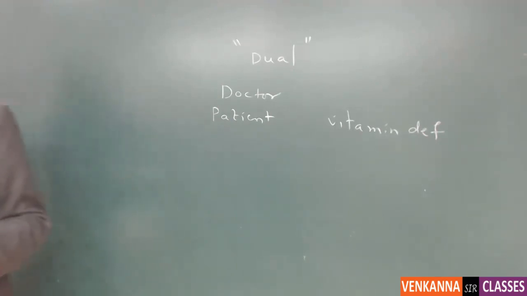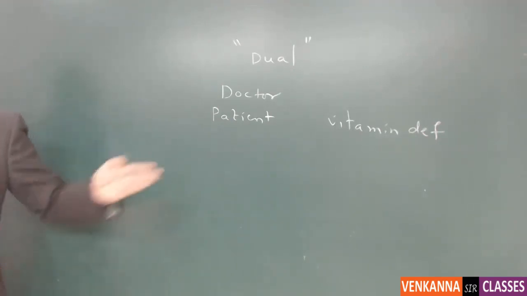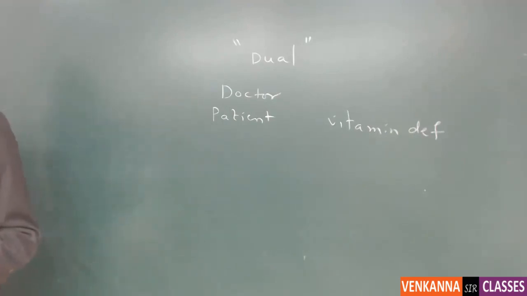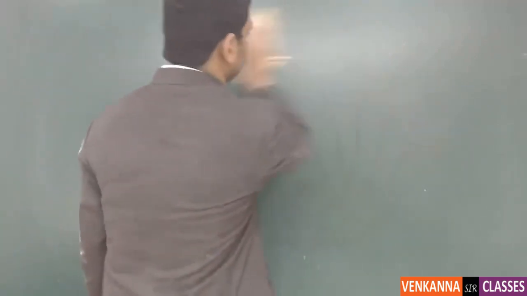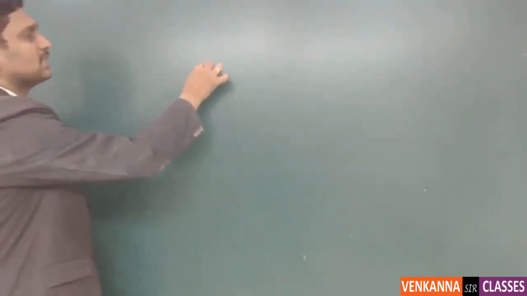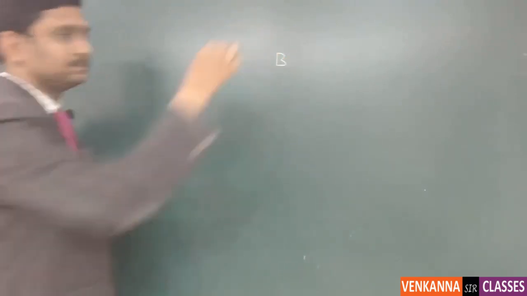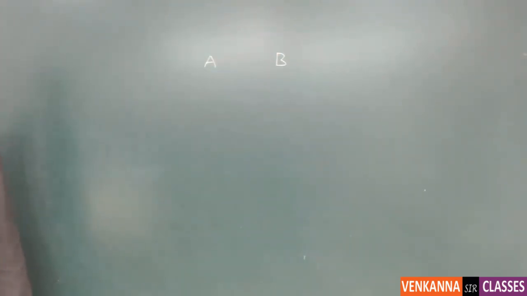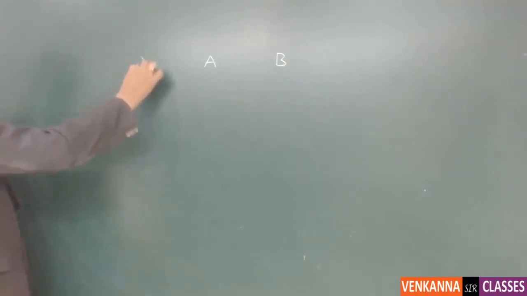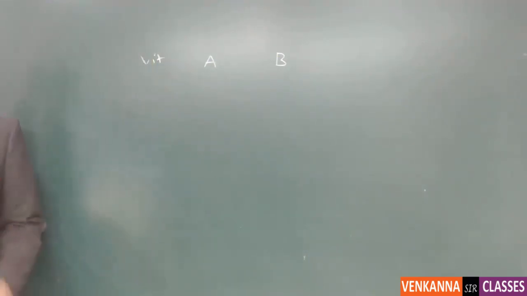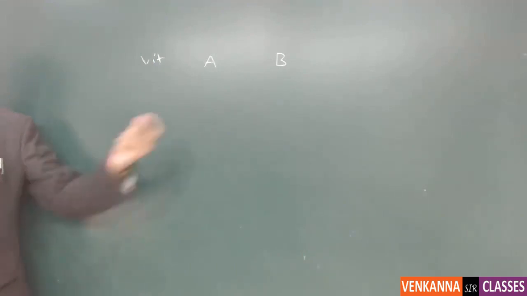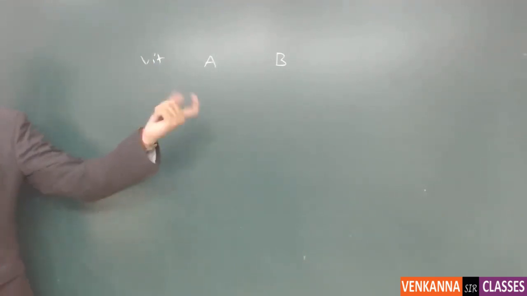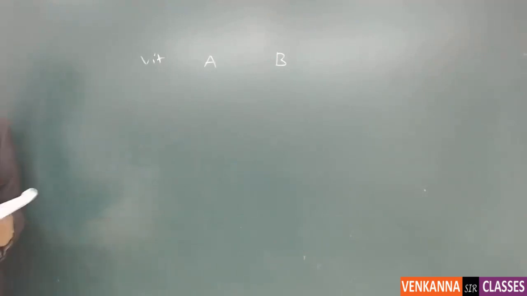So the doctor has given the prescription and the patient has to purchase some medicines in the shop. Now I am going to give the detail like this. The patient has a deficiency of vitamins. As and when he goes to the shop, there are two tonics in which these vitamins are presented in different proportions.